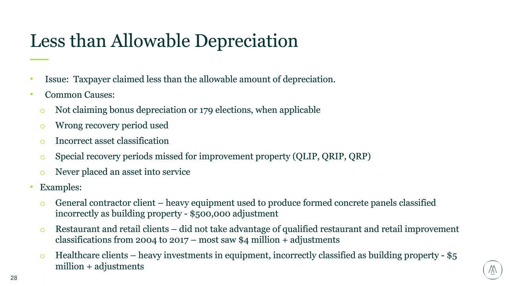They're generally having to relocate or remove walls and plumbing and electrical fixtures. And again, at a first glance, that could appear to be a building improvement, and that's exactly how they have been depreciating the costs as 39-year building improvements. We were able to reclassify a very material portion of those costs as 5-year property and get them a $5 million depreciation adjustment of additional depreciation there.